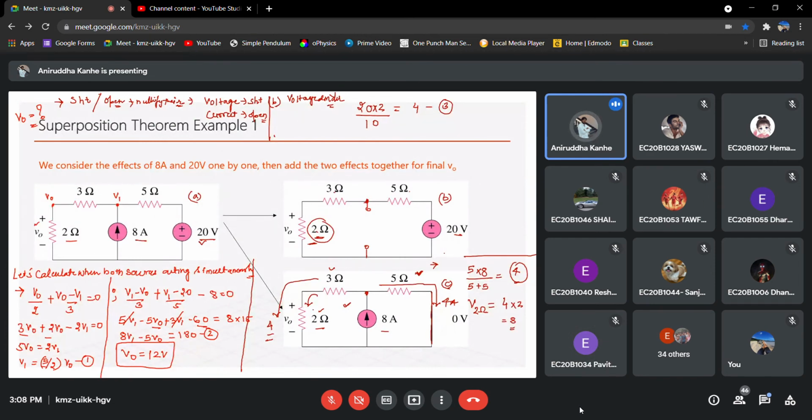The direction of current is going from top to bottom, hence the plus sign will come here. Similarly, what about the direction of current in this case? This is the positive side, so the current direction will come this way, and that is why this will be plus and that will be minus. So both have the same direction, and thus they must be added, and you will get 4 plus this 4 plus 8.